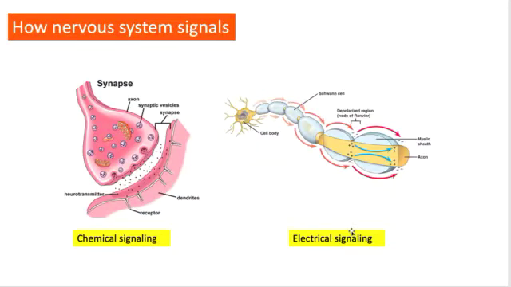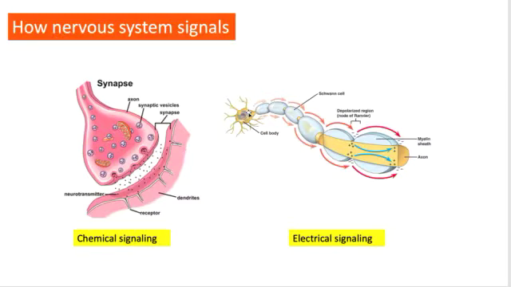How nervous system signals work. Now we're starting to get down to the cells and to the molecules. We begin with the cells. The most important cell of a nerve in the nervous system is called a neuron.